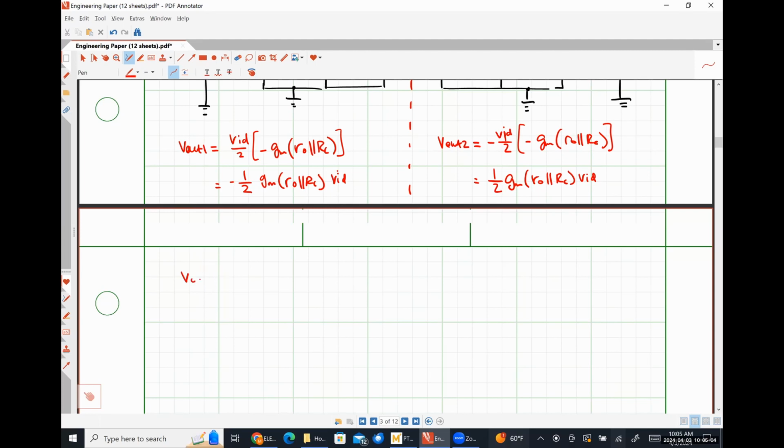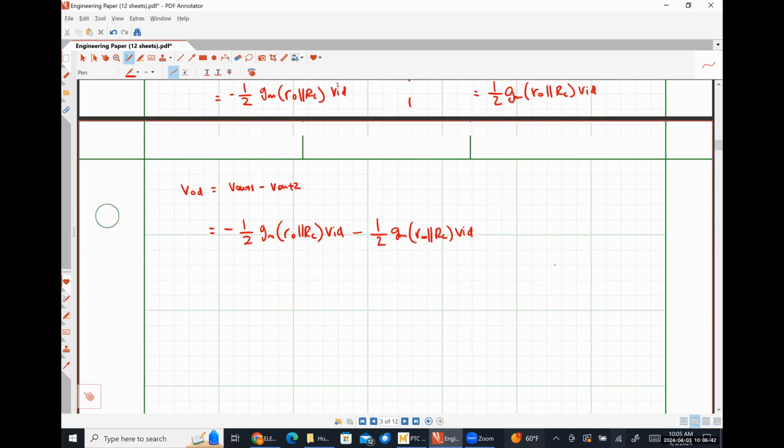So let's say that our differential mode output signal, VOD, is V out 1 minus V out 2. That's going to give us negative 1/2 GM R naught in parallel with RC times VID, minus 1/2 GM R naught in parallel with RC times VID.